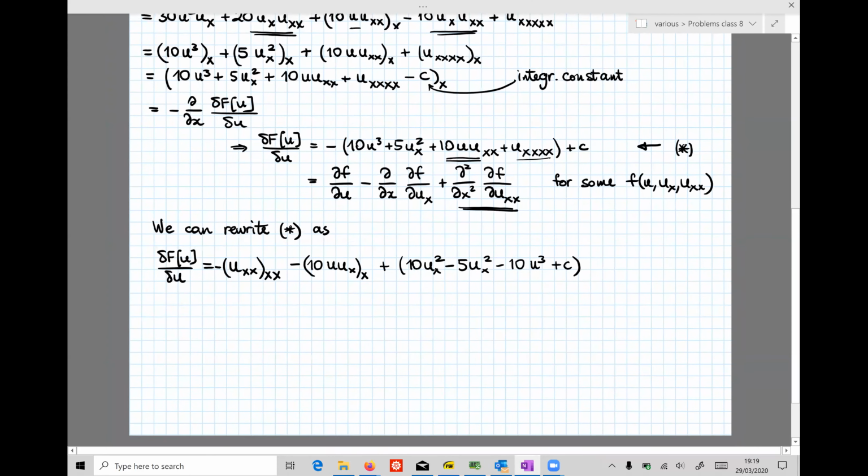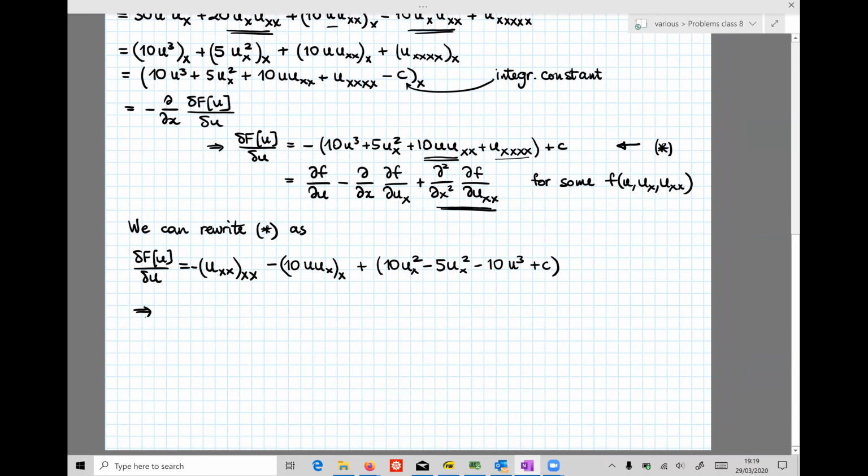Okay, so this tells us that we would like the function small f of u, ux, uxx to be such that the partial derivative of small f with respect to uxx, that's the expression here that is differentiated twice, should be equal to minus uxx. So that takes into account that term. Next we have the first derivative term here. Let me indicate it differently.